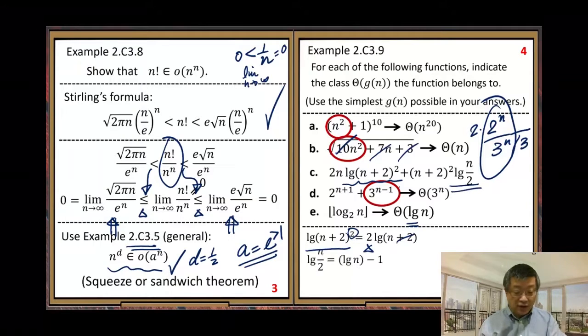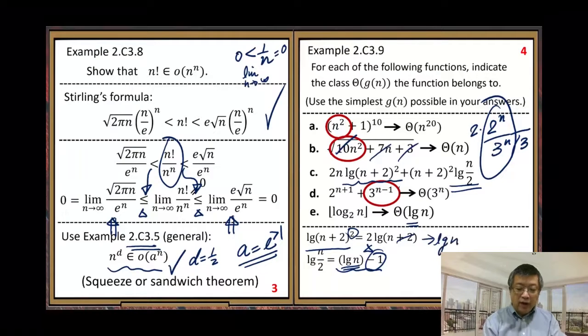Now look at the log part of the second term. By the property of logarithm, we can write log of n minus 1, here assuming base 2. That minor term, minus 1, can be dropped, right? So the key part is log of n, and the key part of the other is also log of n.